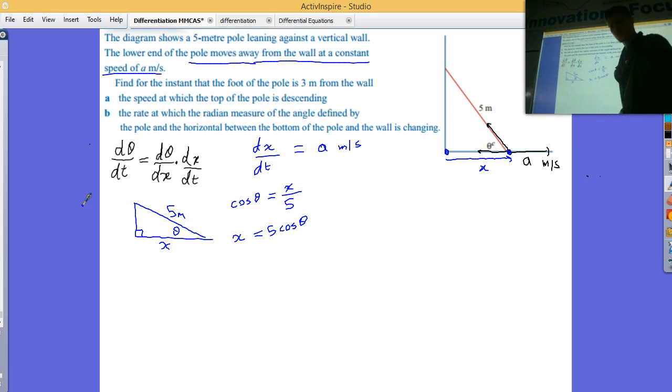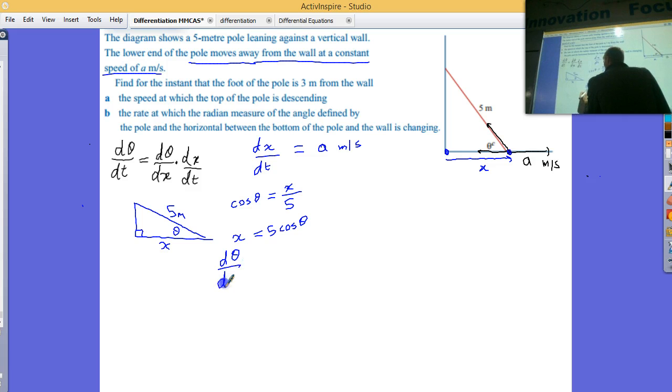But one useful thing to remember is that dθ/dx is really the reciprocal of dx/dθ.